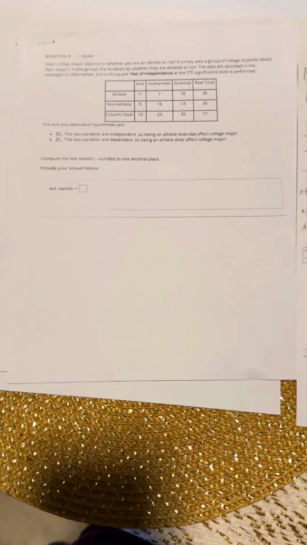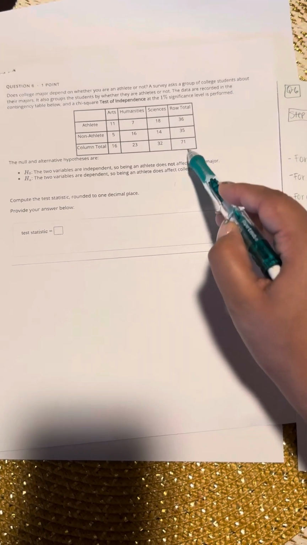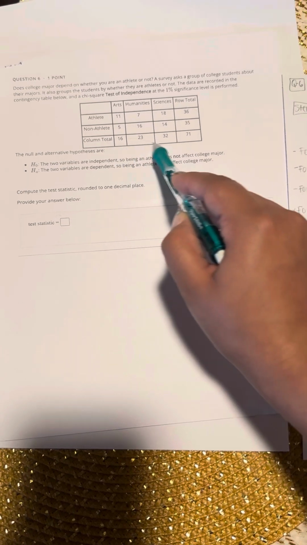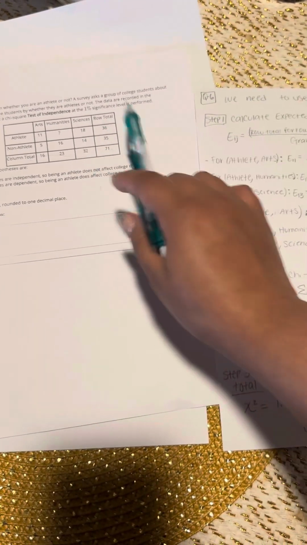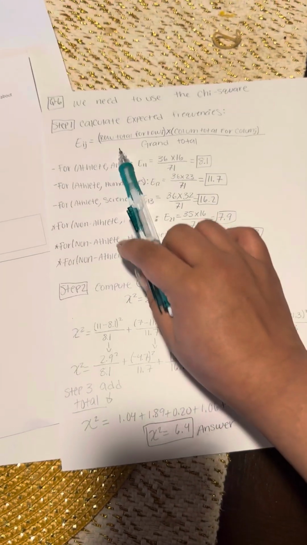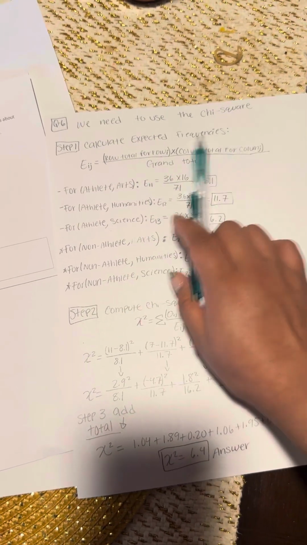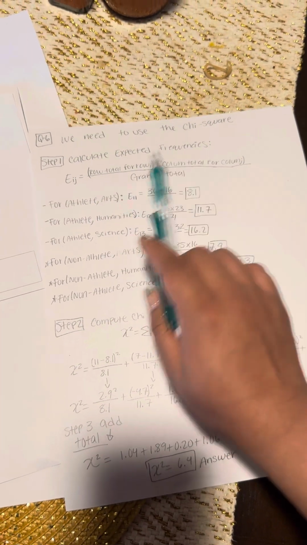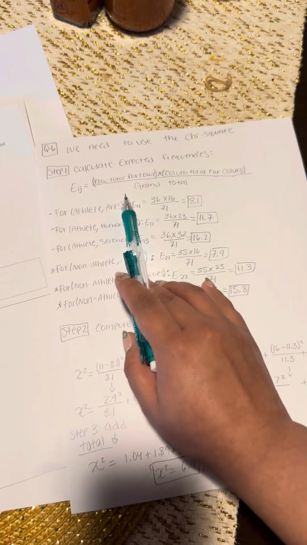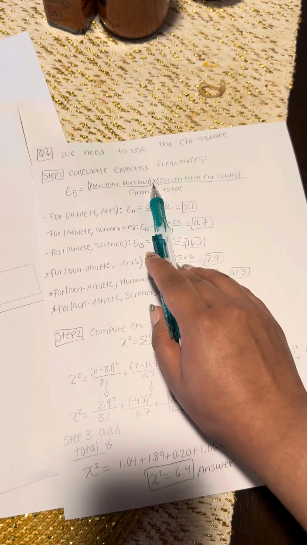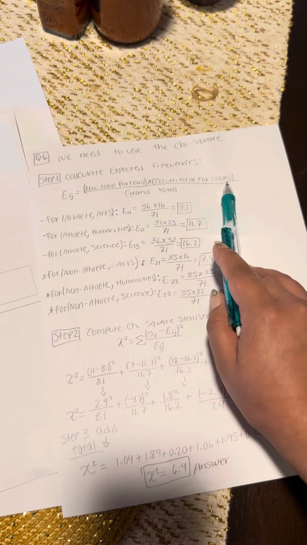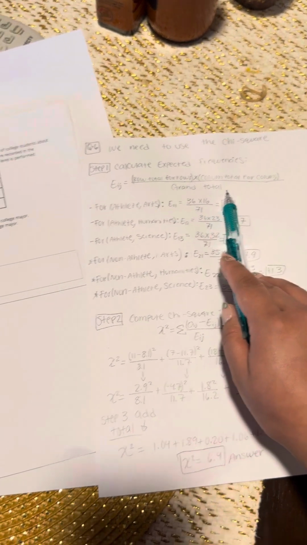So with that table, you know how these are the rows, these are the columns, and the row total. So we want to use those to convert this, to use a chi-square, right? So it would be row total for row i times column total for column j over the grand total.